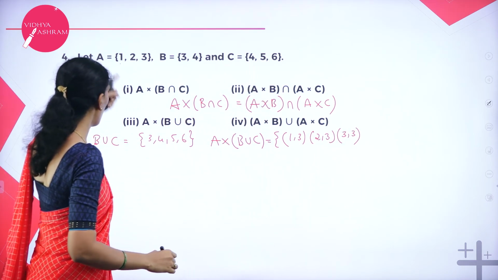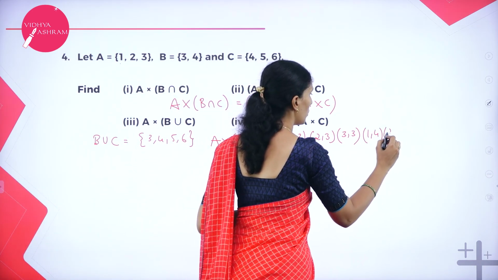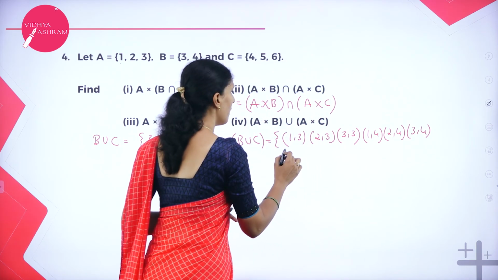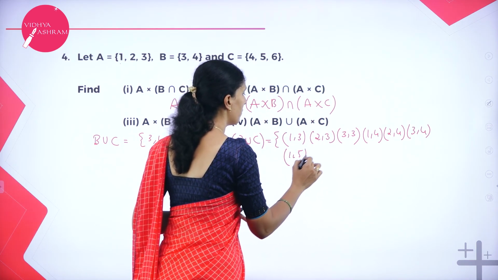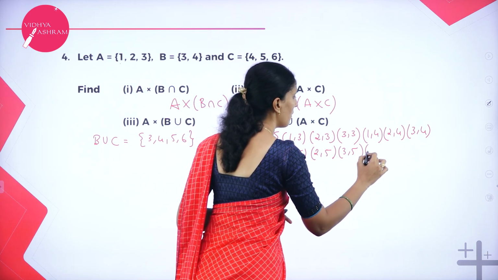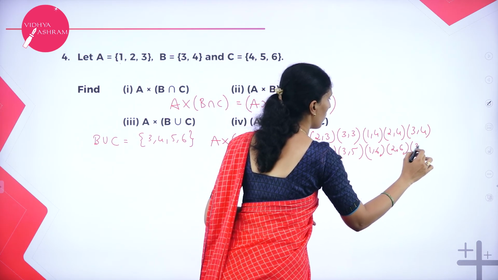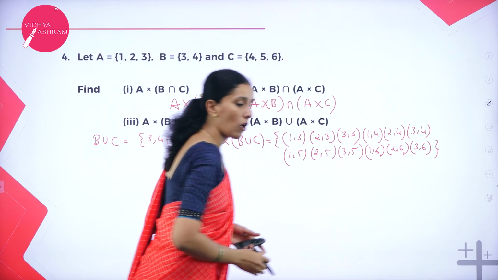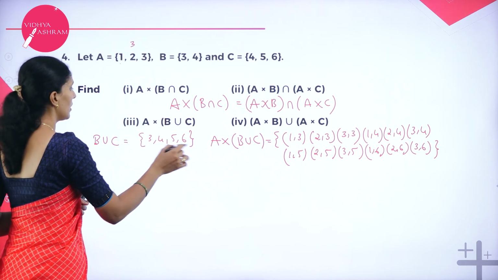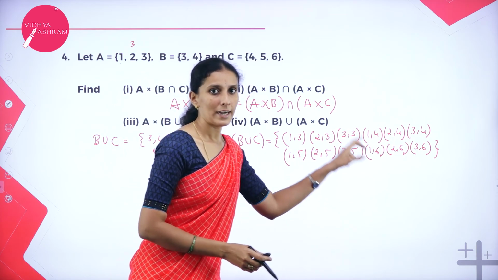Next (1, 4), (2, 4), (3, 4). Next (1, 5), (2, 5), (3, 5). Next (1, 6), (2, 6), (3, 6). You can also check by counting the number of elements. Here we have 3 elements, here we have 4 elements, so 3 times 4 is 12 elements it should contain.